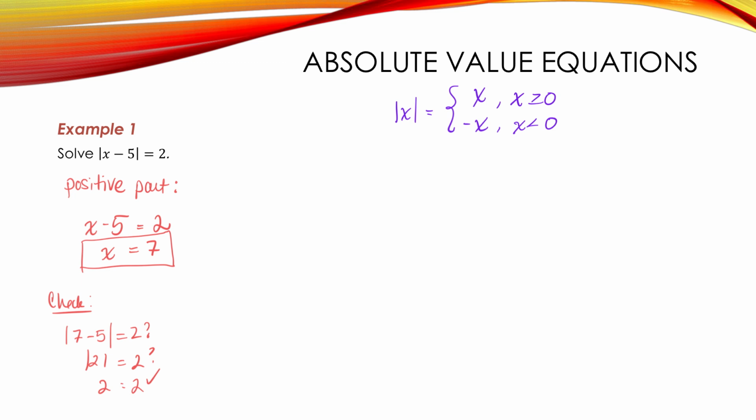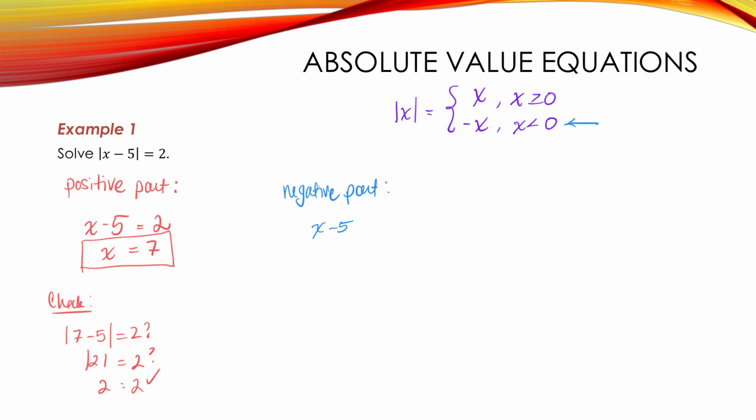The other part of our solution is the negative part. What that means is we take the part of our function that was negative and we make it positive, which means instead of saying that we have x minus 5, we replace that with x minus 5 times a negative.